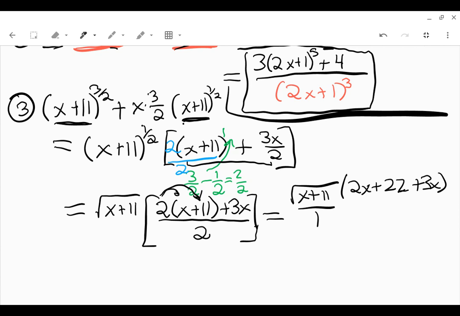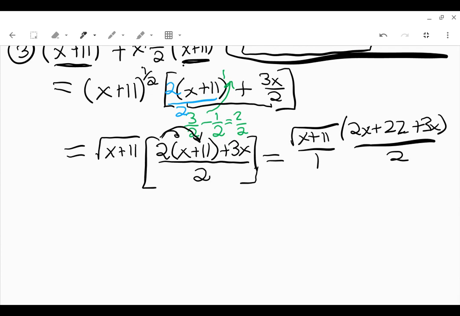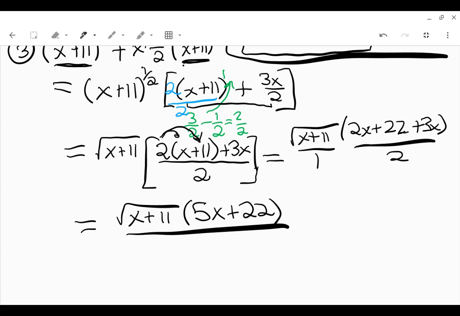Or if you want, you can think of it as this is over 1. Whoops, this is over 2. So when you multiply straight across, this will be our final answer. You have the square root of x plus 11, 2x plus 3x, so this is 5x plus 22, all over 1 times 2, which is 2. And this would be your final answer.